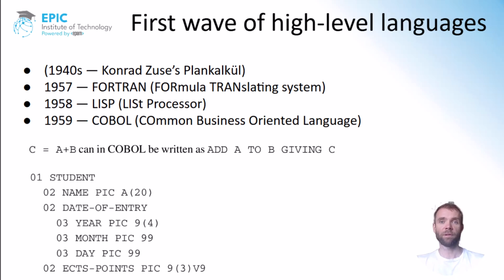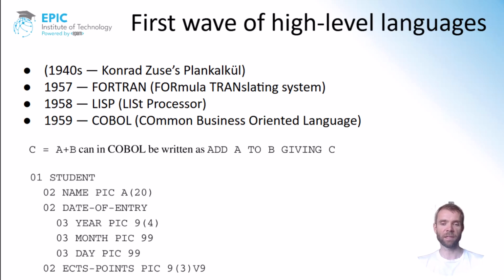So one of the things that the language introduced was records. Here you see an example of a record describing a student in COBOL with description of types. For instance, the name of the student is an alphanumeric string of length at most 20. The date of entry is itself a nested record with year being a 4-digit number and month and day being 2-digit numbers.